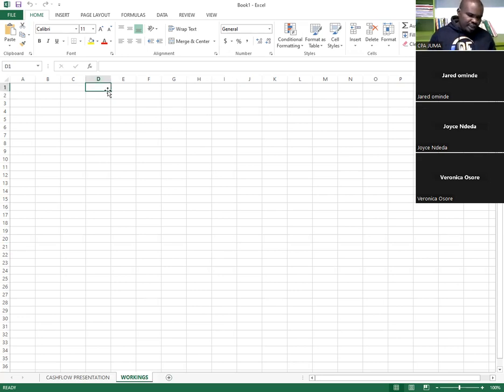So the name of the entity, Bermuda Limited. So they are called Bermuda Limited. Statement of cash flows.